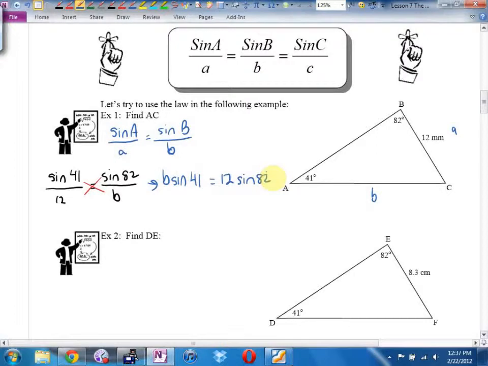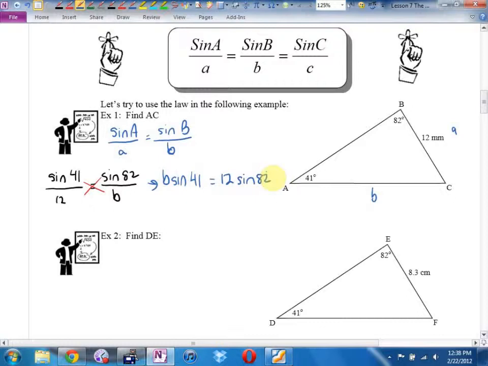Natasha, what am I trying to find? B. How would I get the b by itself? Well, there's that sine 41 next to it, yes? What's happening between the b and the sine? Adding, subtracting, multiplying, or dividing? So how will I move the sine 41 over to the other side to get the b by itself? What's the opposite of multiplying?